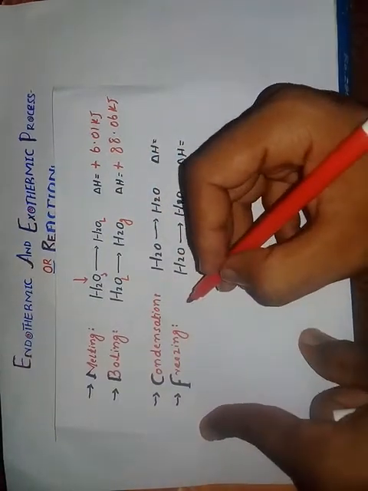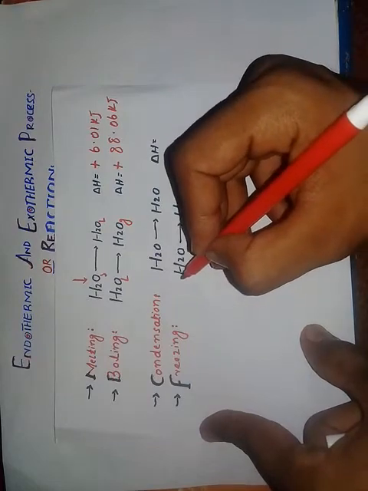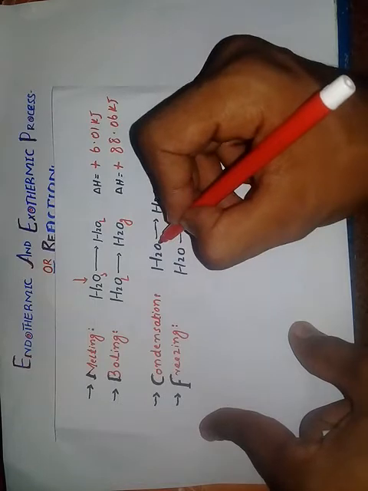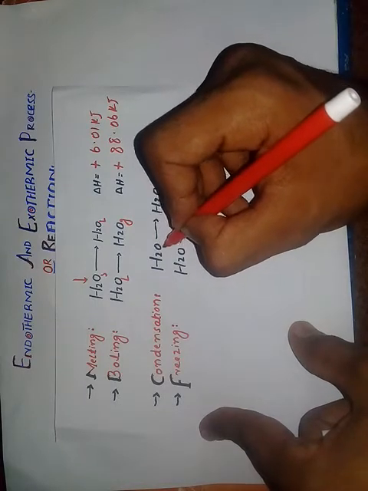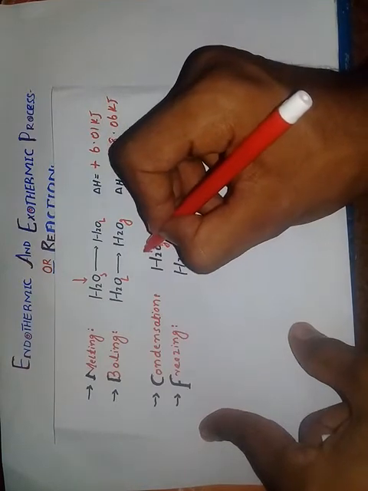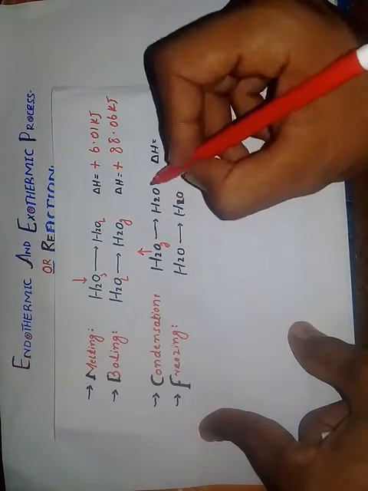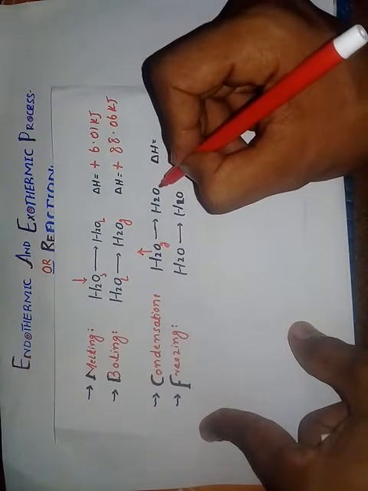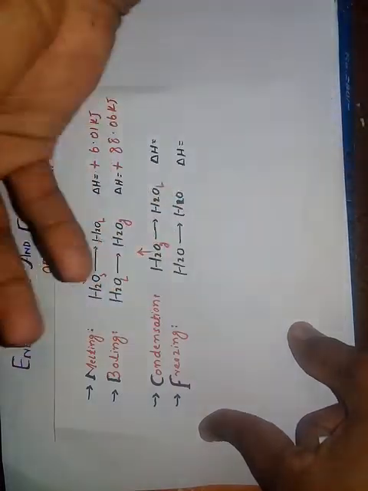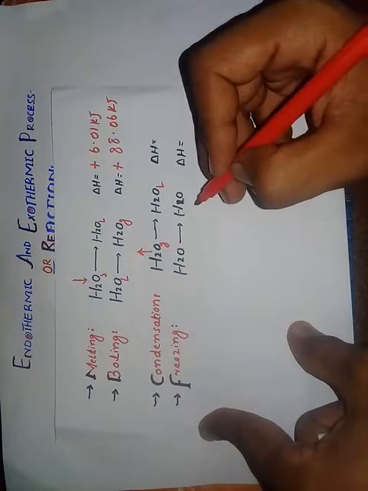Now we come to exothermic process. In an exothermic process, heat leaves the system and goes to the environment. Let's suppose this is the gaseous state. When they leave the heat, it goes to the environment and they cool and convert into the liquid state. In this process heat is evolved, heat goes to the surrounding, so it is an exothermic process.